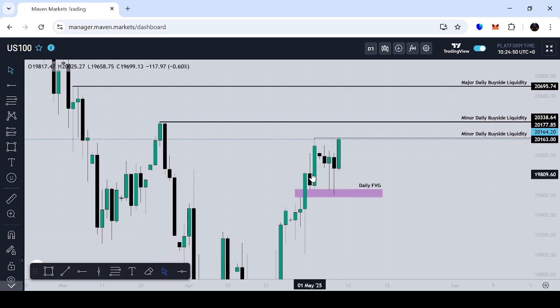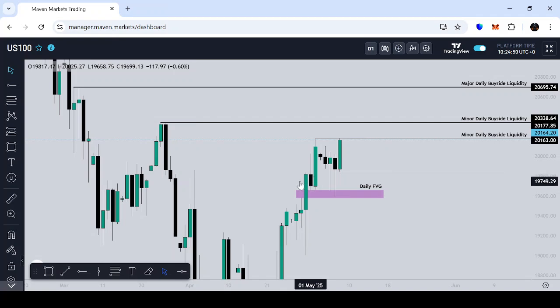As an order block, the last bearish close candle. If we are bullish, we are looking at every last bearish close candle to act as an order block. That's at the opening of that candle body, not the wick. At the opening of the candle body.